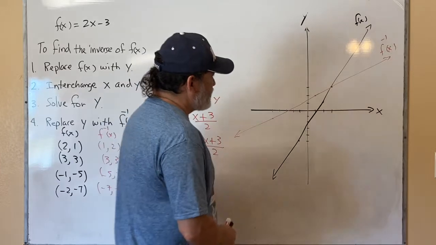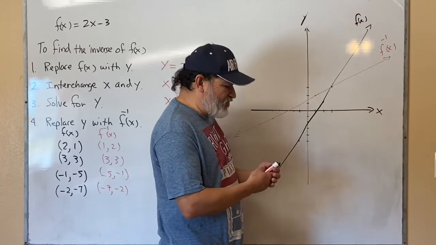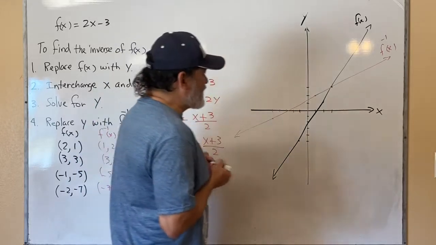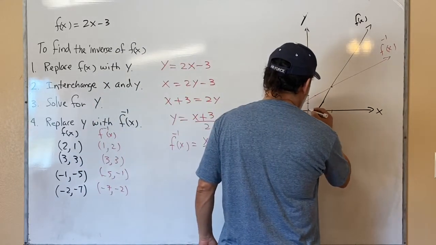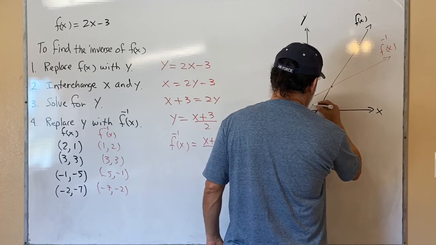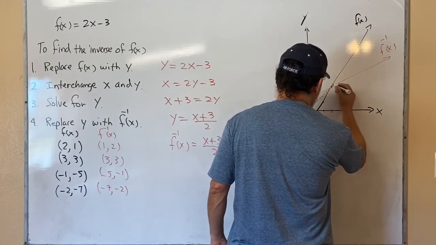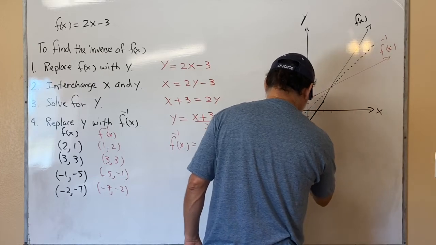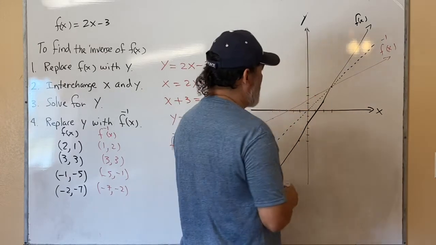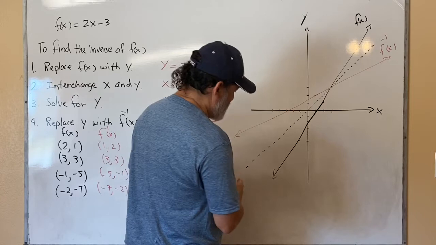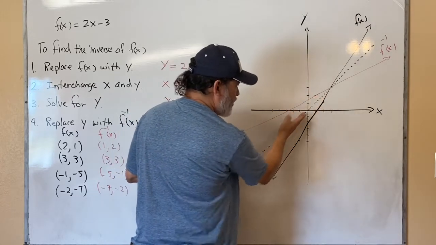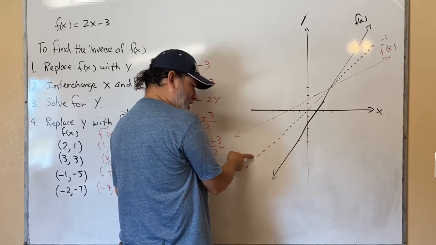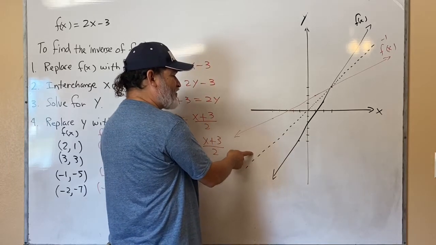Okay? So, to graph the inverse, all you have to do is locate the mirror. This is the mirror. If you look at the mirror, you see the reflection of this.